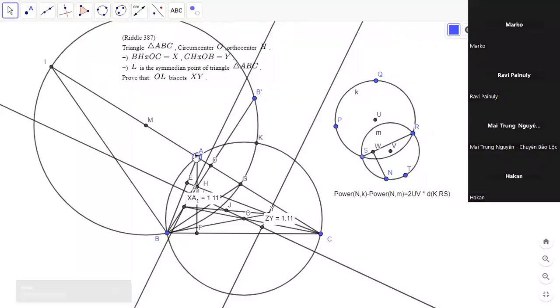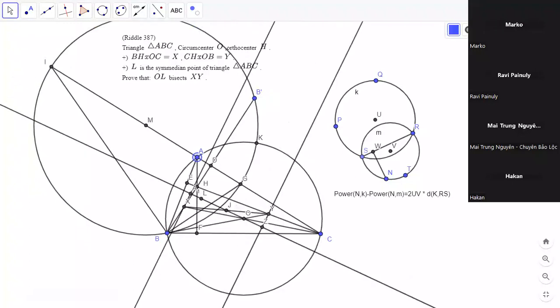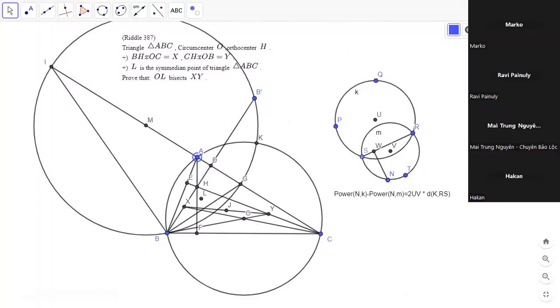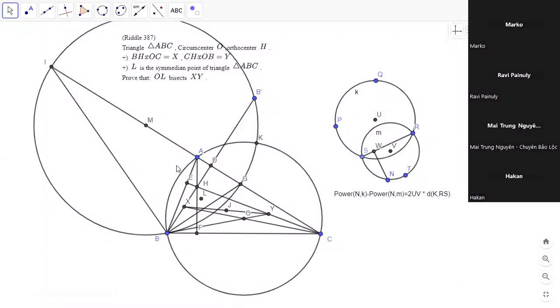Yes. Yeah. So you're saying we can calculate the power of J by Pythagoras. So I'm guessing you mean JM squared minus MG squared.